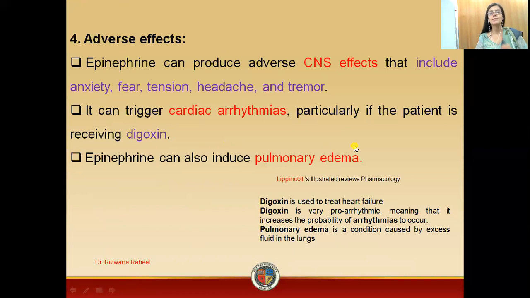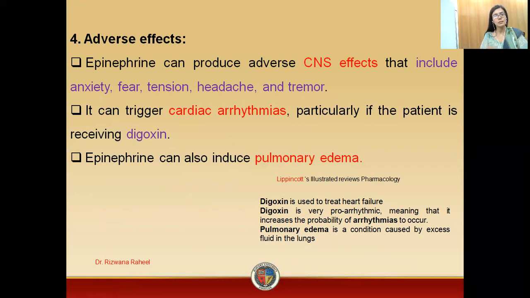So coming towards the adverse effects of epinephrine, we have CNS related effects that include anxiety, fear, tension, headache, and tremor. Then we have cardiac effects. For example, if your patient is already taking digoxin, which is used for heart failure, a side effect of digoxin is arrhythmia.